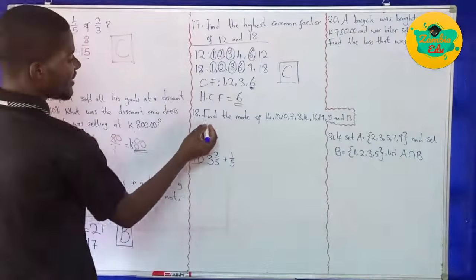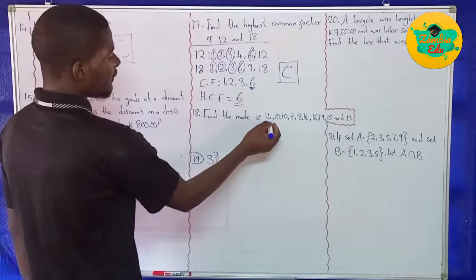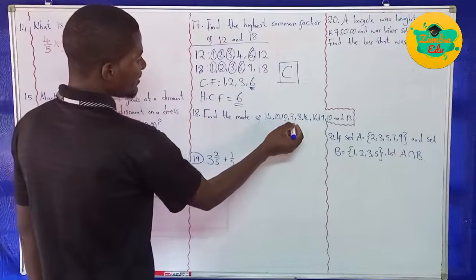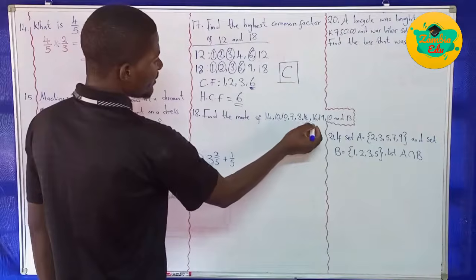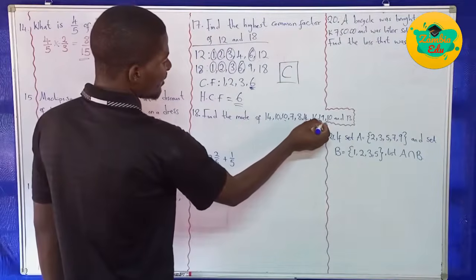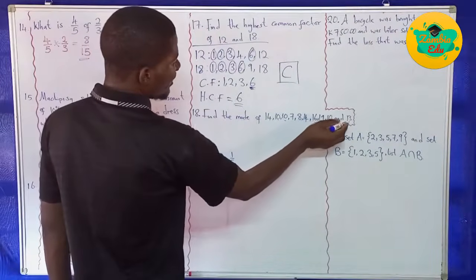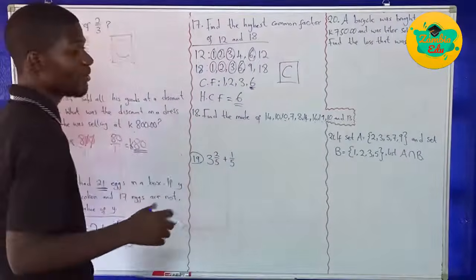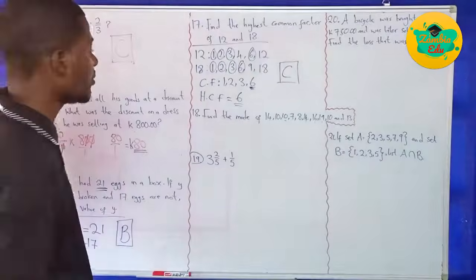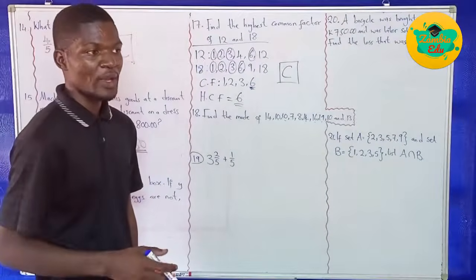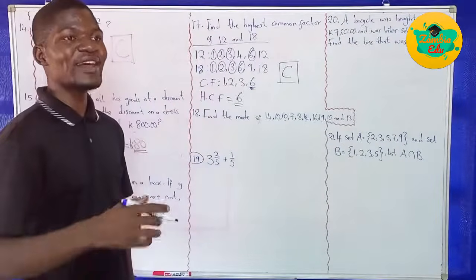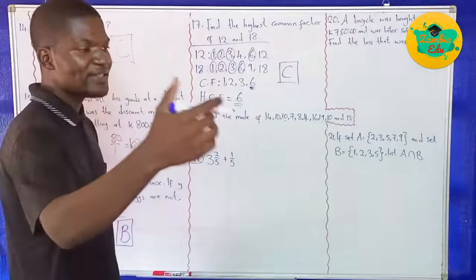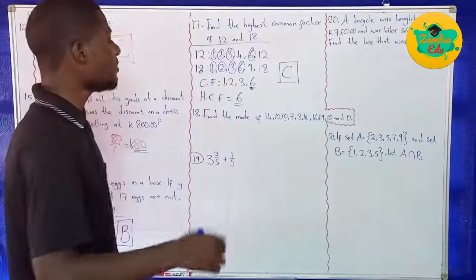Question 18 says, find the mode of 4, 14, 10, 10, 7, 8, 14, 16, 19, 10, 13. So a mode is the number which is mostly repeated, the number that appears the most.